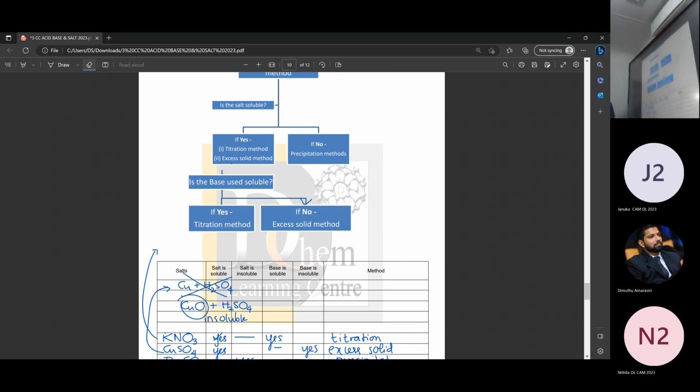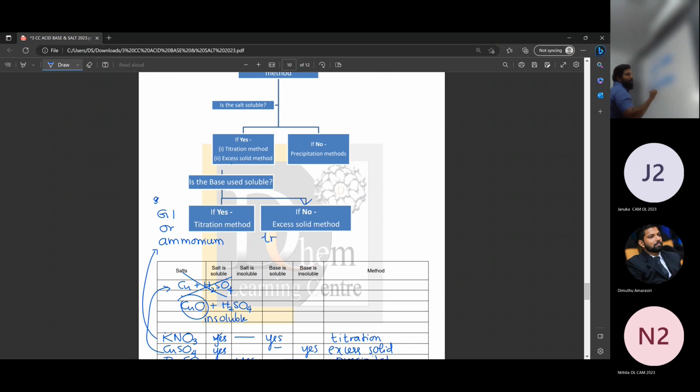You might have figured out that the titration method is for salts which are usually from group 1 or ammonium salts. Once you realize it is group 1, definitely the titration method, because the group 1 bases are soluble. I'm talking about soluble salts.